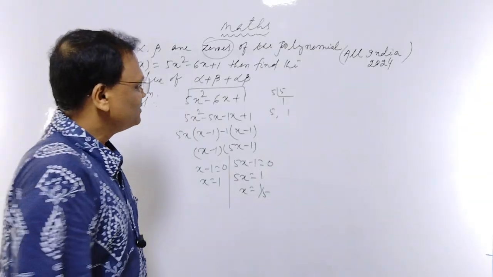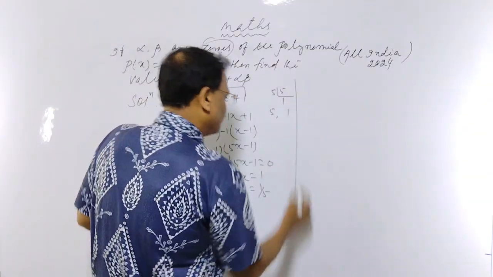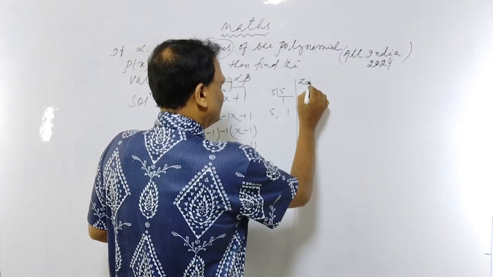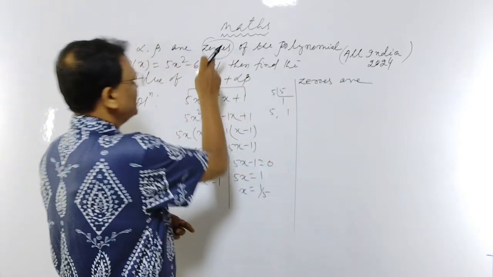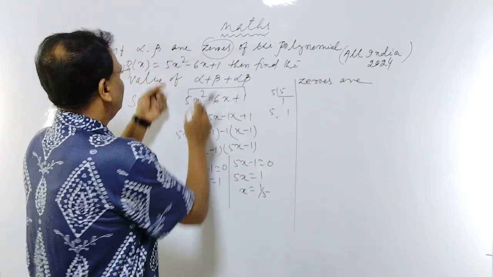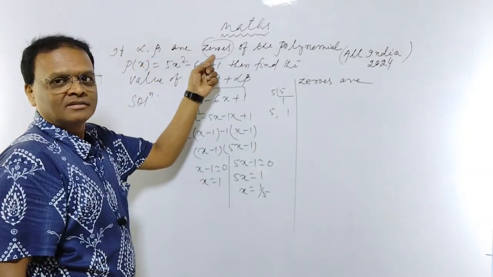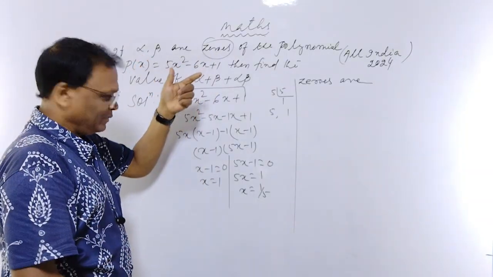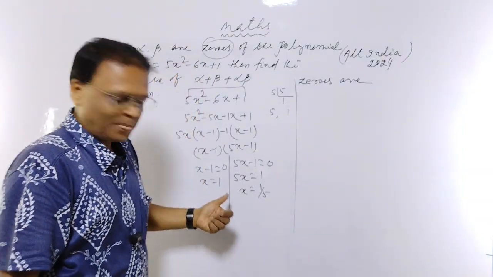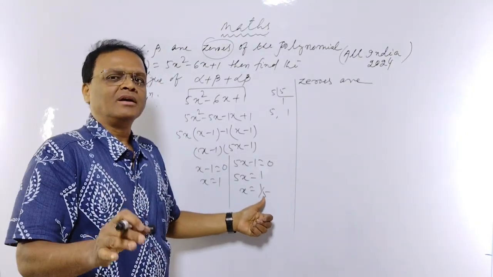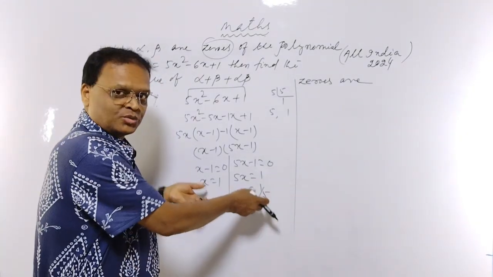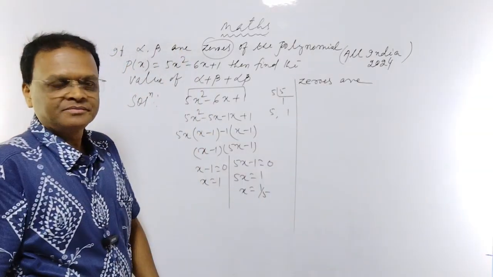So what zeros did I get? Let me write here. The zeros are what he has given, alpha and beta. Alpha and beta, these are the zeros. That means I got the zeros. This will be my alpha and this will be my beta, because these two are the zeros.